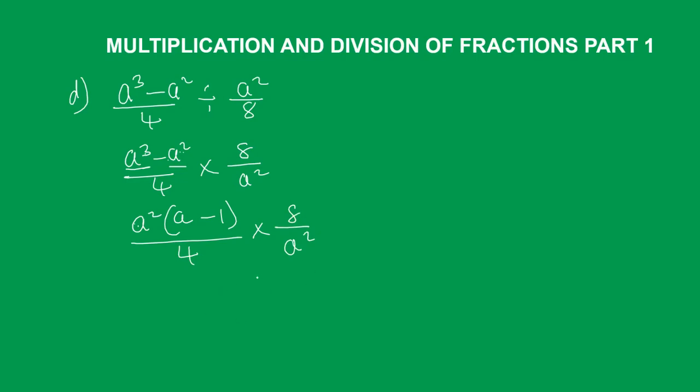So we can cancel across multiplication, but we cannot cancel across a plus or a minus. But here is multiplication, so we can cancel across. A squared divided by a squared is 1. And then 4 divided by 4 into 4, 1. 4 into 8, 2. So what do we remain with? We remain with 2 times this bracket, 2 times a minus 1. Done.